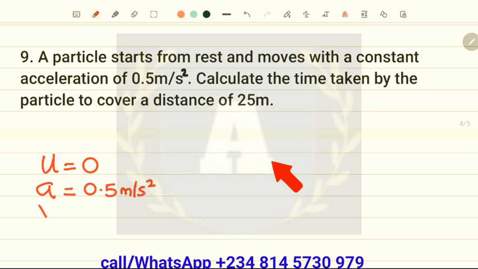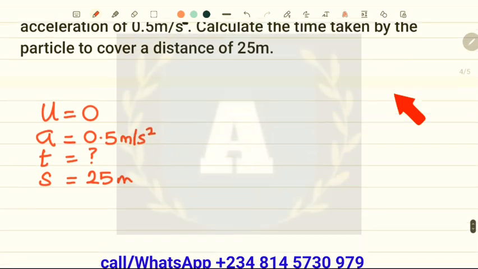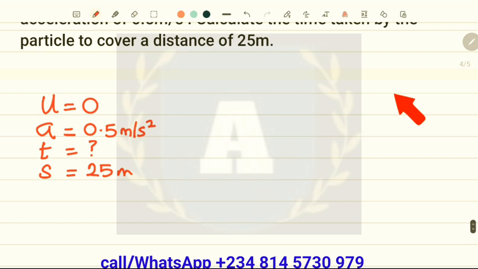The question says calculate the time taken by the particle to cover a distance of 25 meters. So the time taken by the particle to cover a distance of 25 meters is what we would have to calculate here. So the initial velocity is 0.